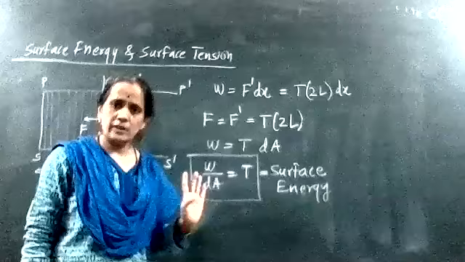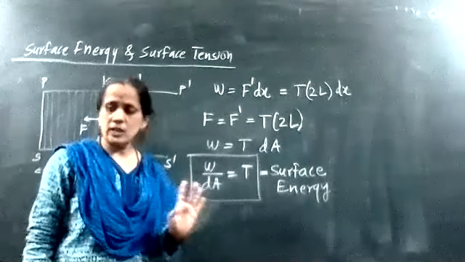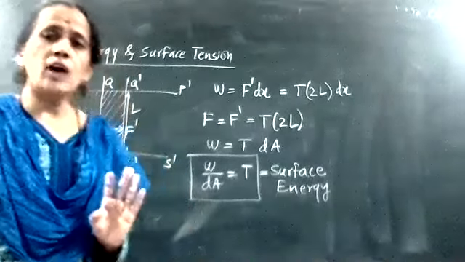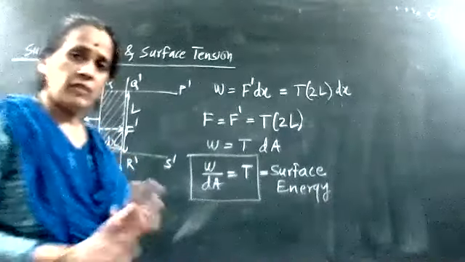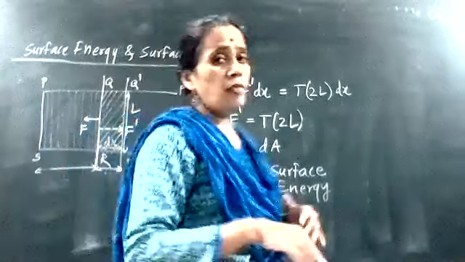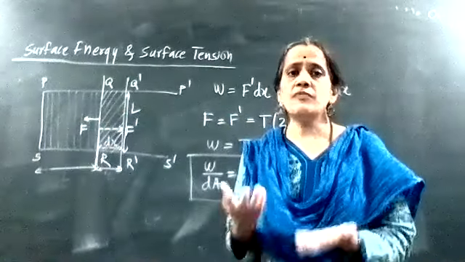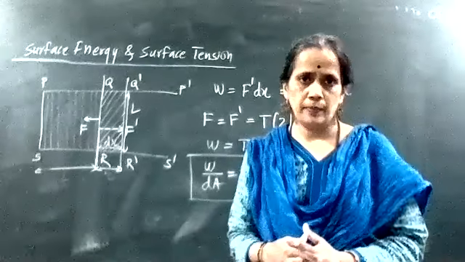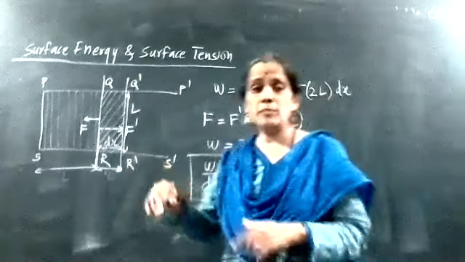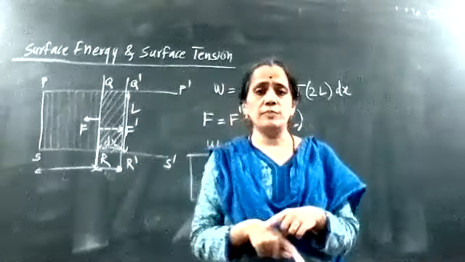Got it? Any doubt? So see here. In today's lecture, we have seen three important points. What is the first point we have seen? That is how we can explain surface tension on the basis of molecular theory. Right? With the help of that 3 molecule diagram.